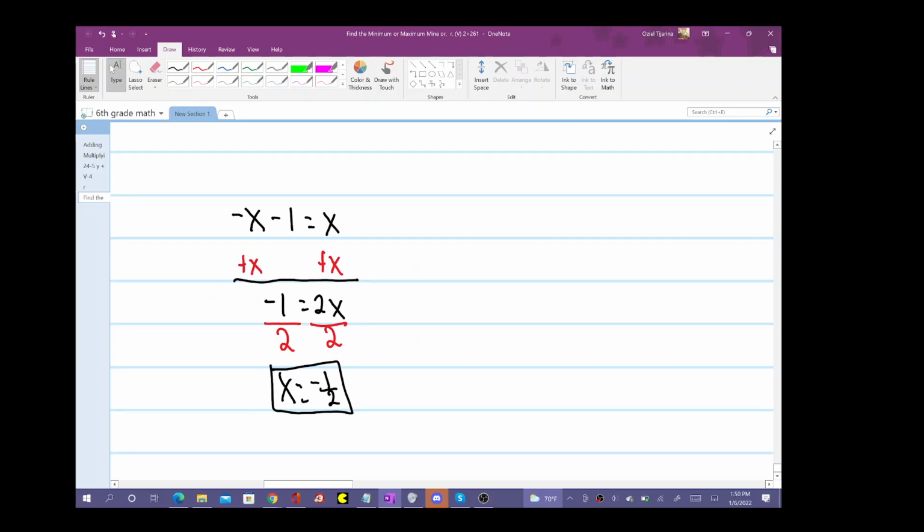Now, it gets very complicated once you get into distributive property on both sides. I'll show an example. So 2 times x minus 3 equals 3 times 2x minus 1. So you have to do distributive property twice. Sorry guys, my tongue twisted.